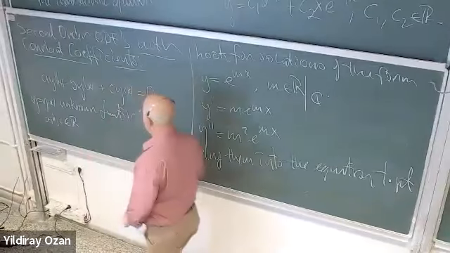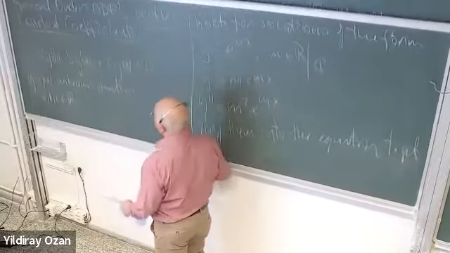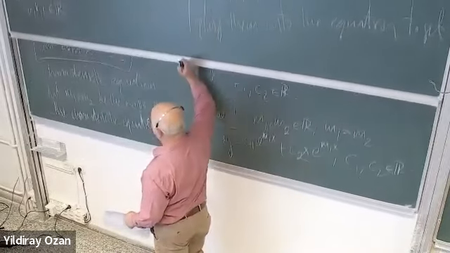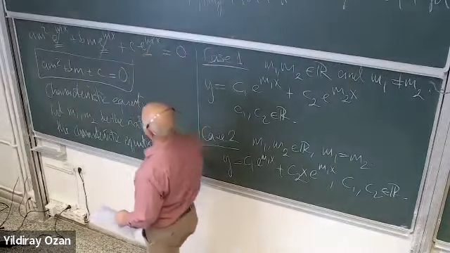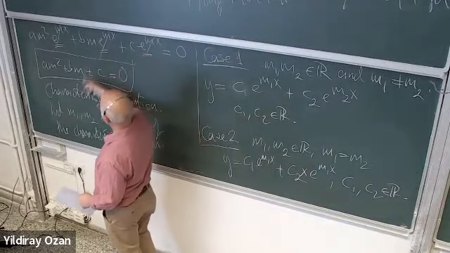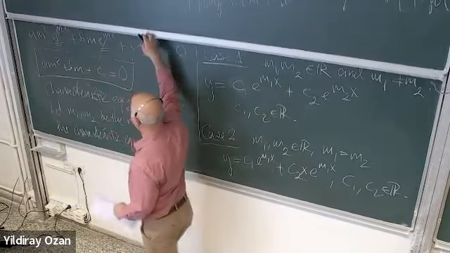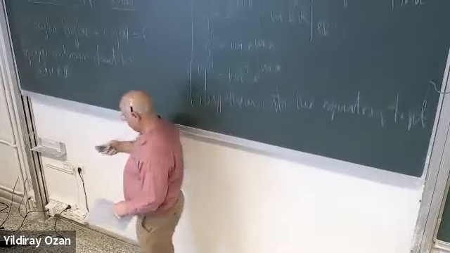If you have this equation, then the characteristic equation is just this, and it is obtained from the equation by replacing derivatives of y with the powers of m. Okay.